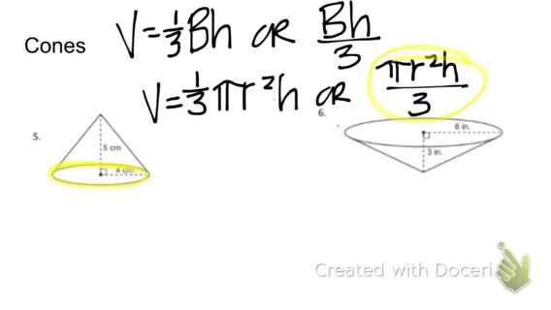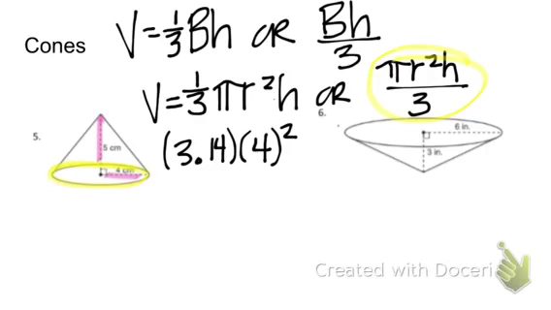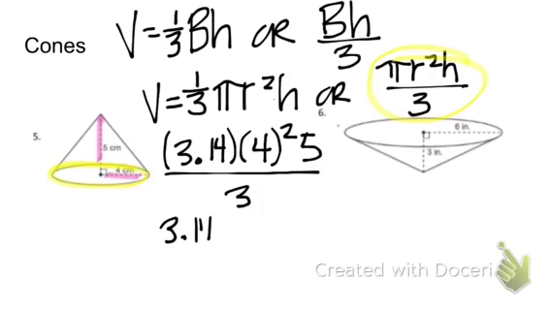So, for the volume of the cone, for pi you're going to use 3.14 times our radius, which is 4, times our height, which is 5, and all of this is going to be divided by 3. So you have 3.14 times 16 times 5 divided by 3.